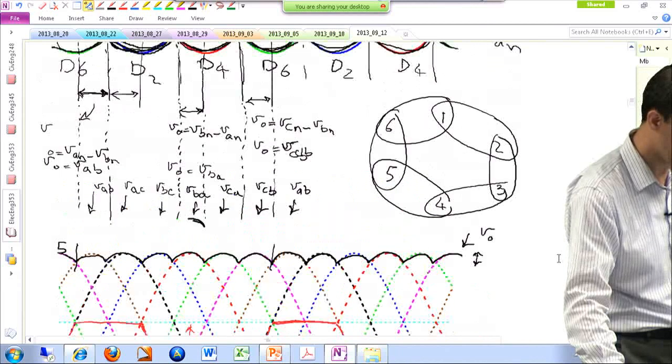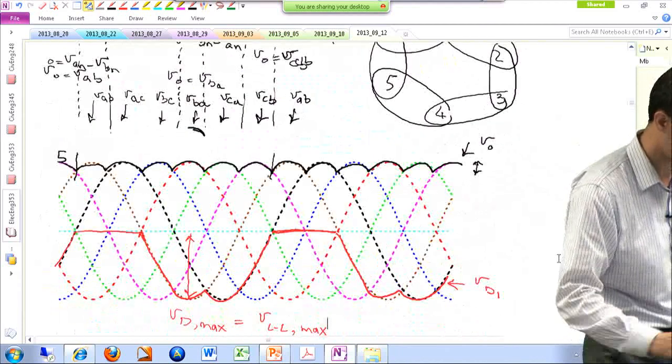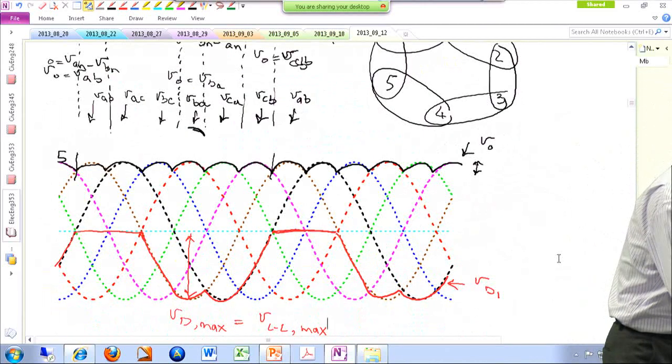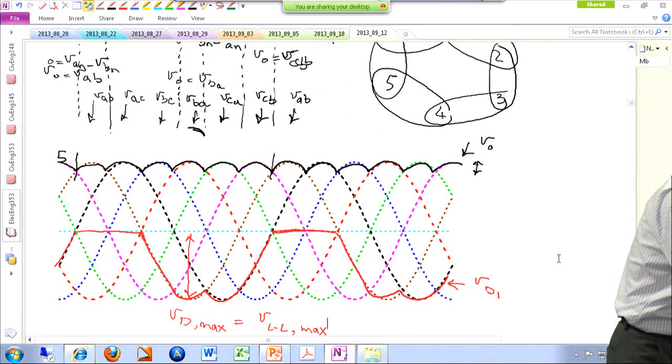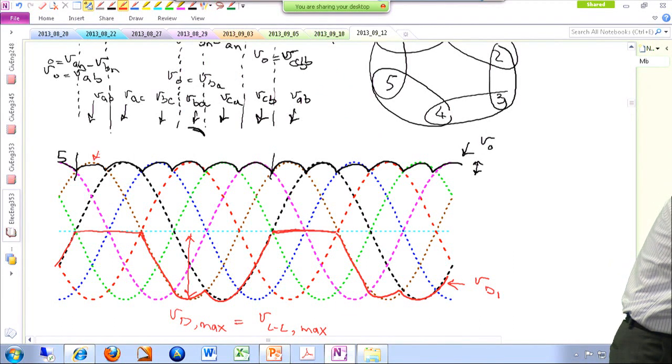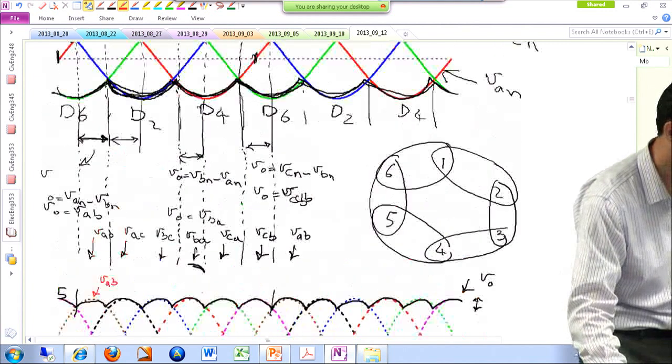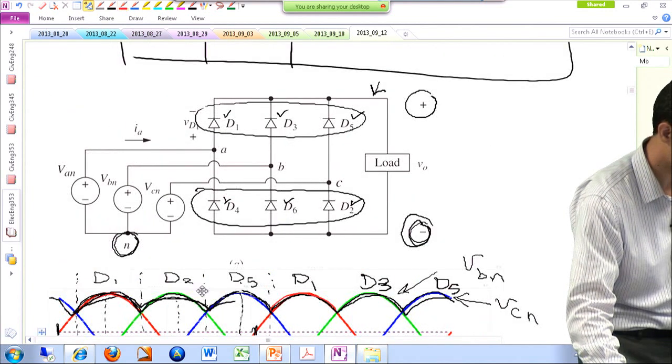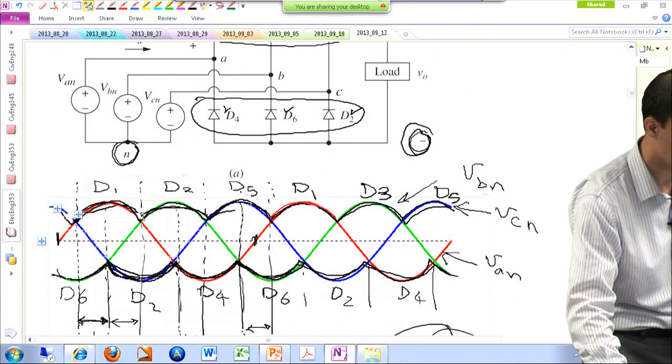If you want to know what happens after the diode is off, for instance, why is it that we are following, let me see, VAB. This was VAB, right? Why is it that when we turn the diode off, it is following VAB up to this point? The reason is because D3 is getting on after that.